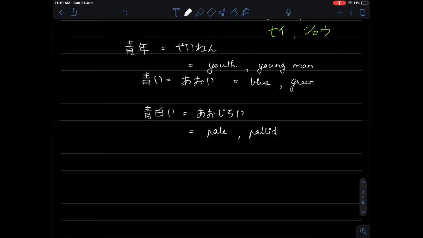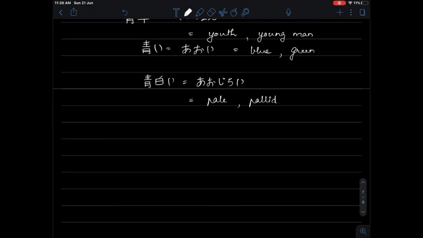Or you can even think of it as the white paint that we use in our houses when painting walls. Usually they mix in a little bit of blue, just a little bit, that kind of situation. Okay, pale or pallid. Let's have a look at the next one.